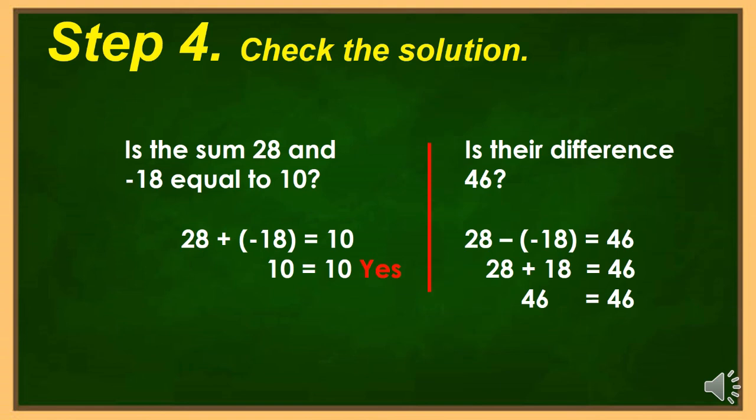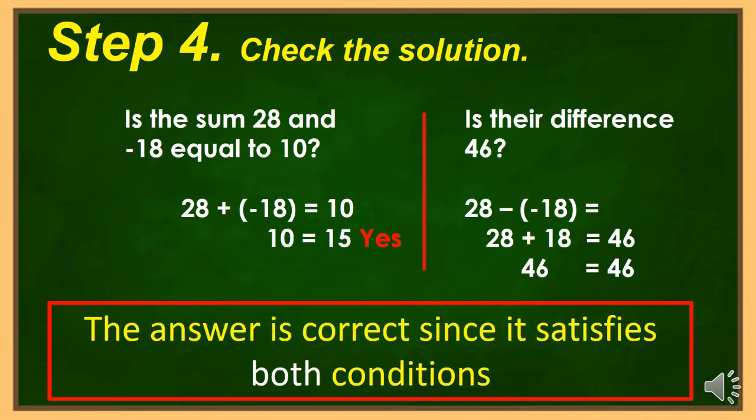So we now have 28 plus 18. 28 plus 18 will give the sum of 46. Therefore, 46 is the difference of the two numbers. The answer is correct since it satisfies both conditions. We can now say that the greater number is 28 and the smaller number is negative 18.